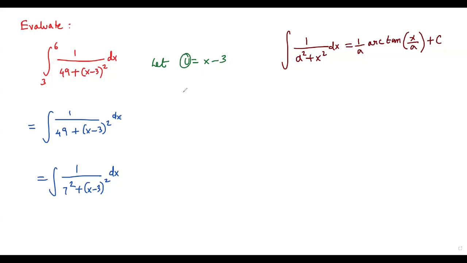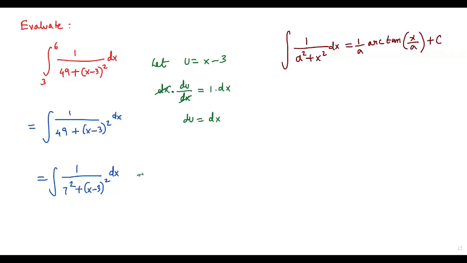When I find the derivative of u with respect to x, I am getting du over dx. Here the derivative of x with respect to x is just 1. The derivative of the constant negative 3 is 0. Now to get rid of the denominator dx over here, I have to multiply both sides by dx. When I do so, this dx will cancel out. I'm getting du equals 1 times dx, which is dx.